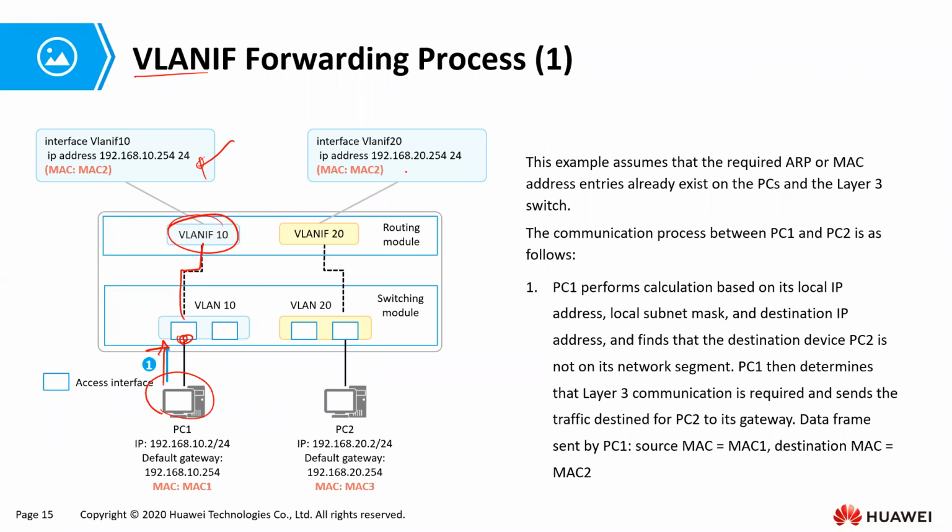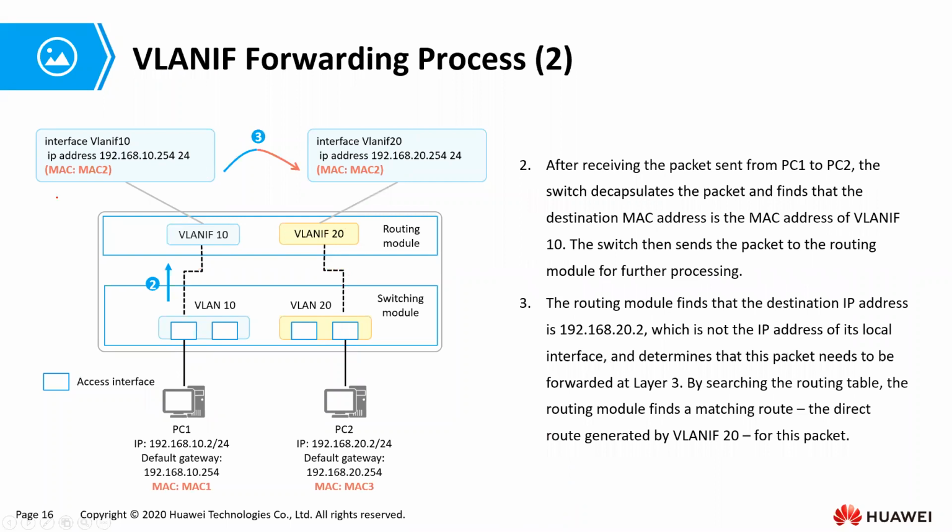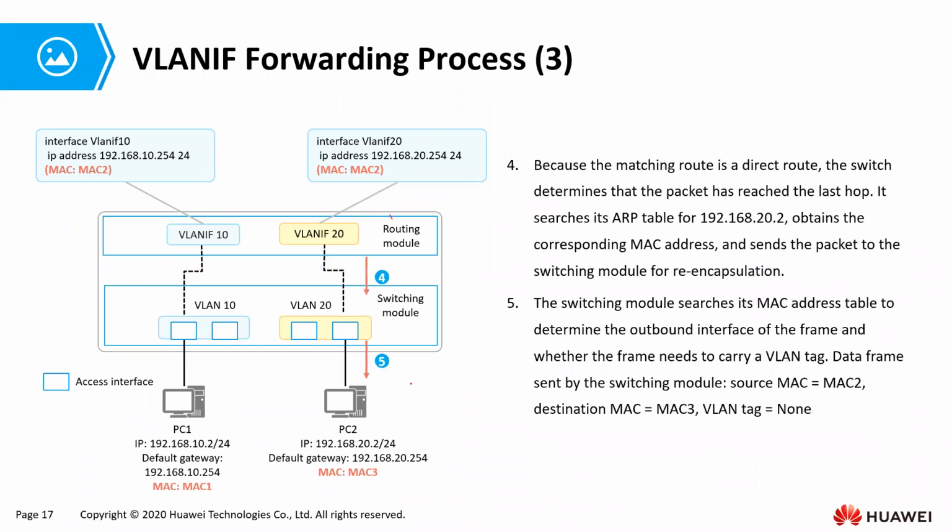And then when it gets to the VLANIF interface here, it gets untagged from that point and it comes out. Are we together? The routing happens from there, and then it comes out from this side.